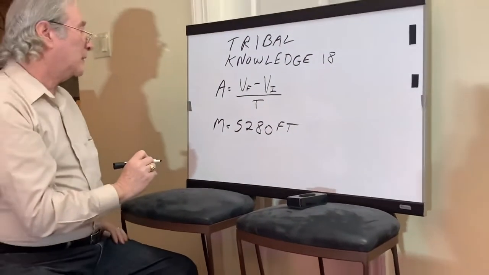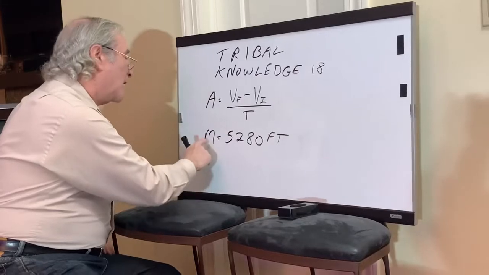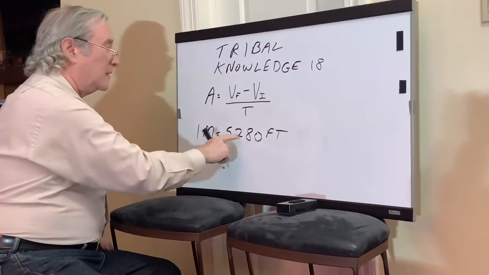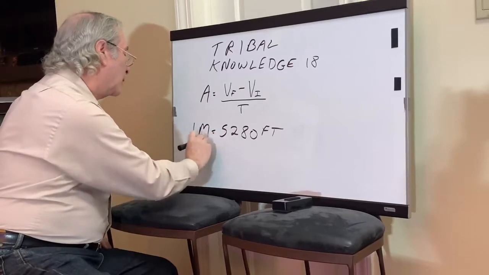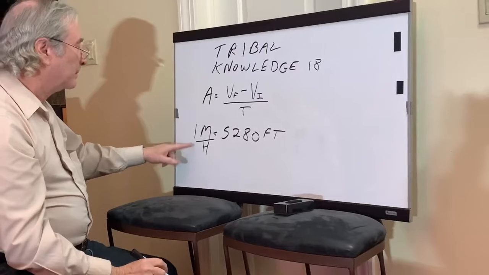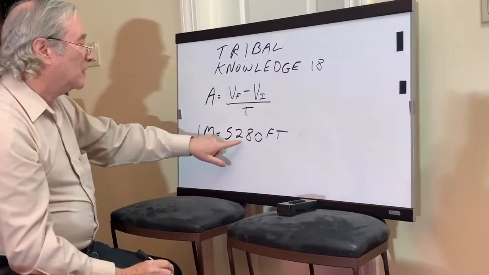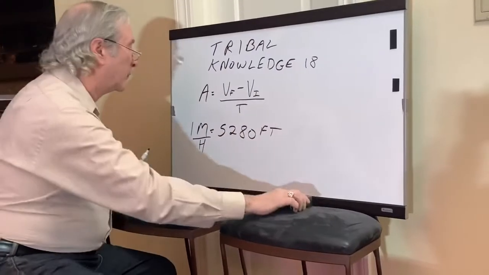So to convert to feet per second, 1 mile per hour is that many feet. So we need to convert it down to feet per second.